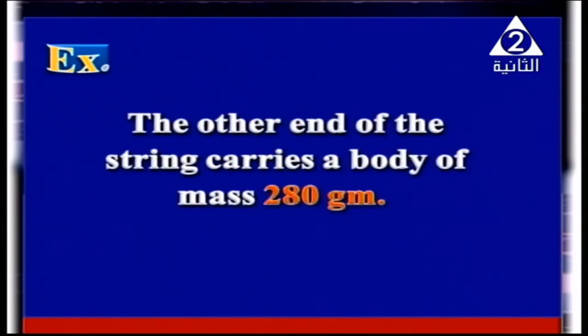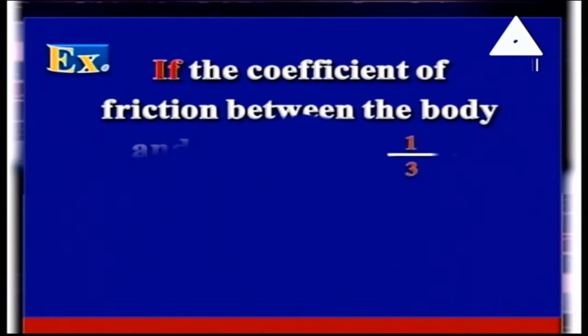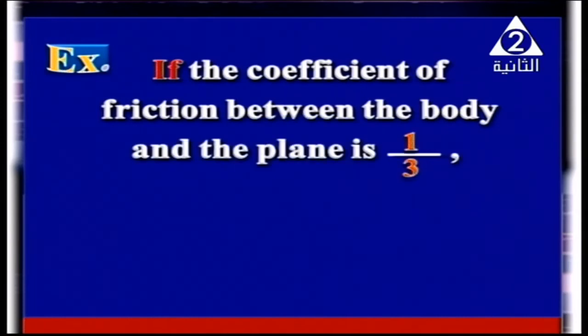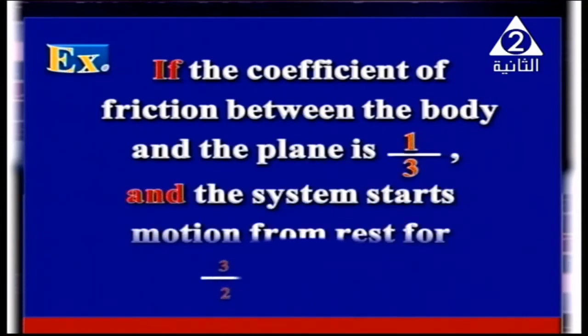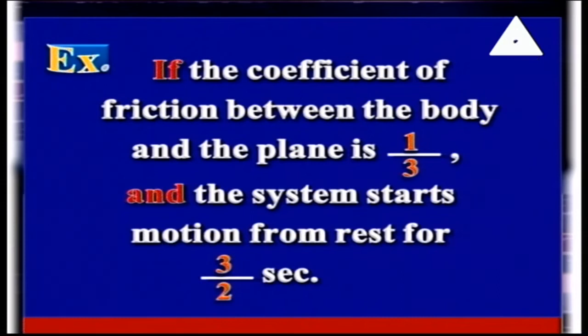The other end of the string carries body of mass 280 gram. If the coefficient of friction between the body and the plane is third, and the system starts motion from rest for 1.5 or 3 over 2 seconds, then the string is cut.